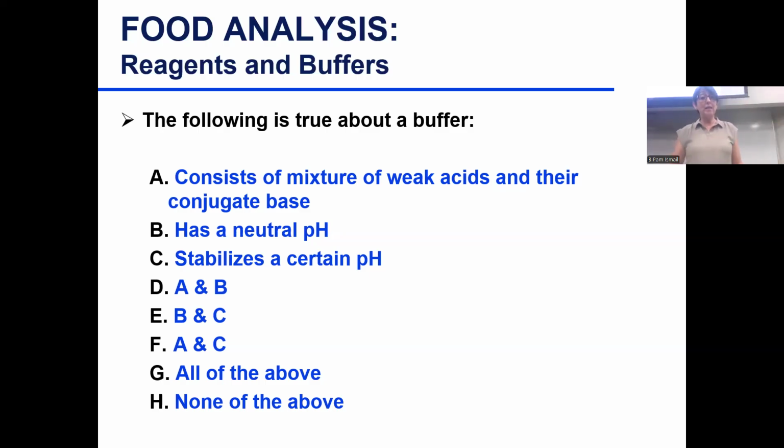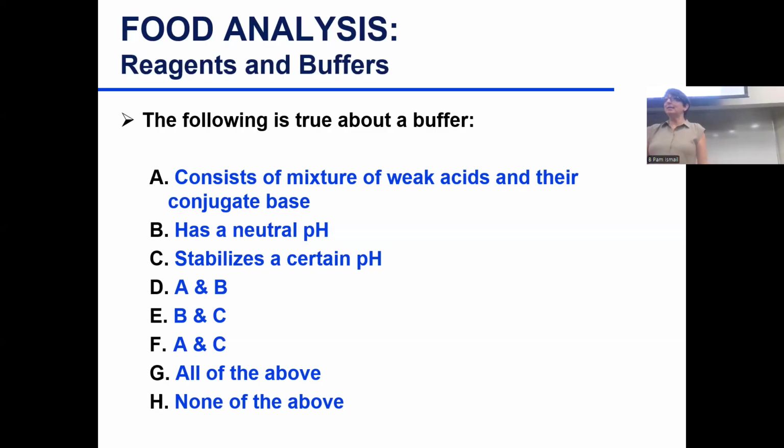A buffer consists of a mixture of weak acid and its conjugate base. Weak acids meaning acids that don't give you the protons very readily. So HCl is not a weak acid. It dissociates almost completely in water, so you will always have dissociated H plus and Cl minus.